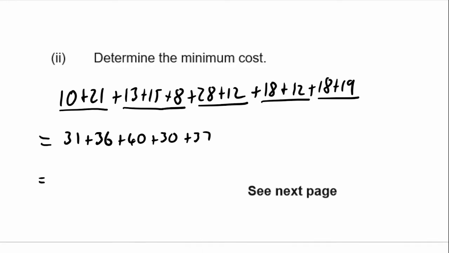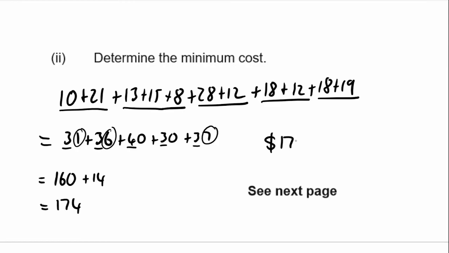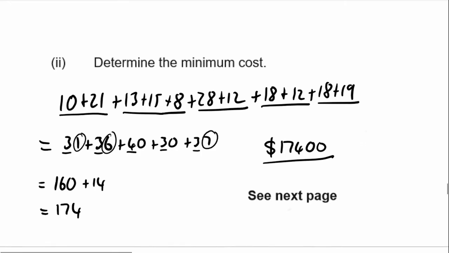All right, let's see what we've got. 31, 36, 100, 130, 160. And then we got 14. That's 174. So the total cost is going to be $17,400. Just don't forget that the answer is in hundreds of dollars.